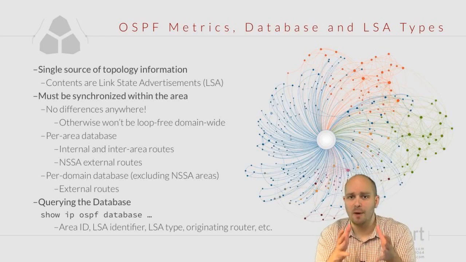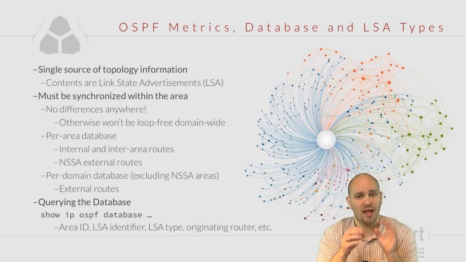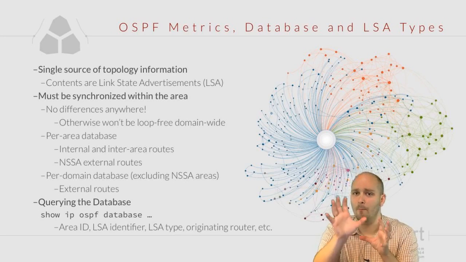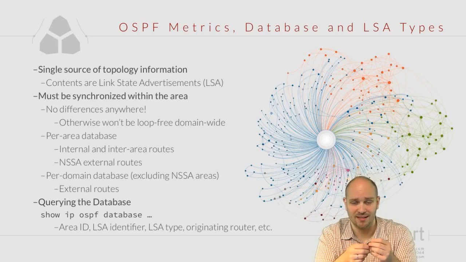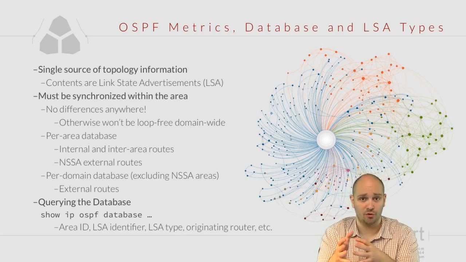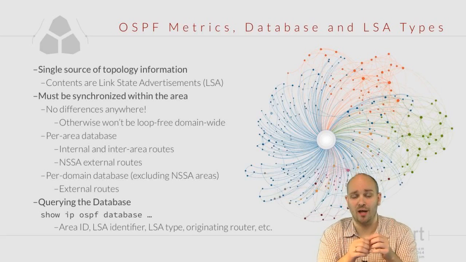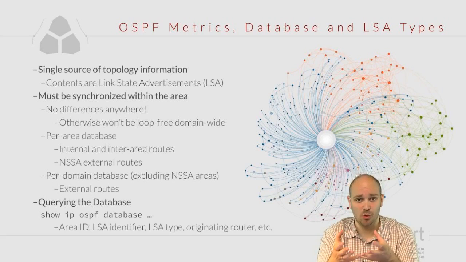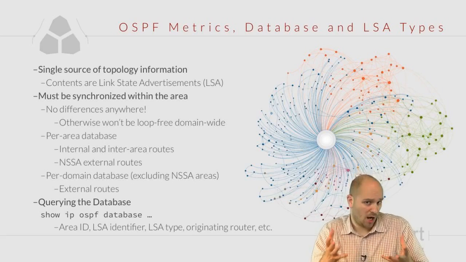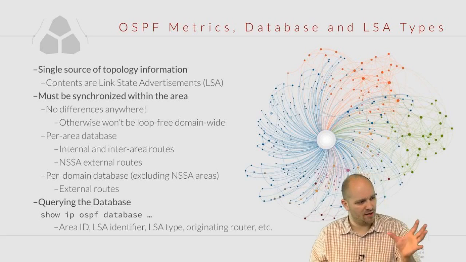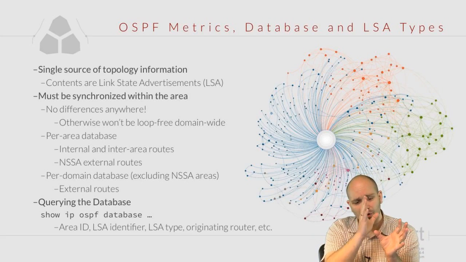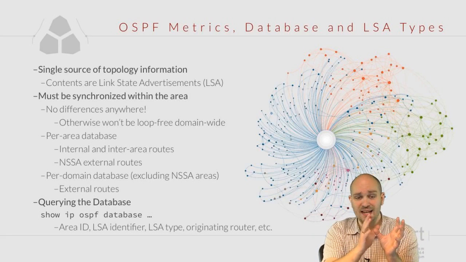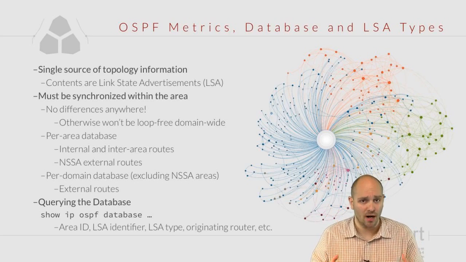But if we have multiple areas in our network, we are going to have multiple databases. The routers sitting between these areas, the area border routers, are going to have multiple databases as well. So let's say that we had a router R1 that sits between area 0 on one side and area 1 on the other side. Router R1 will have the database in area 0 and the database in area 1.